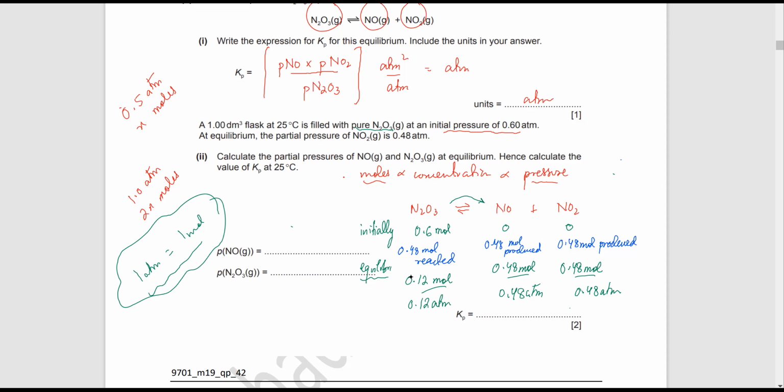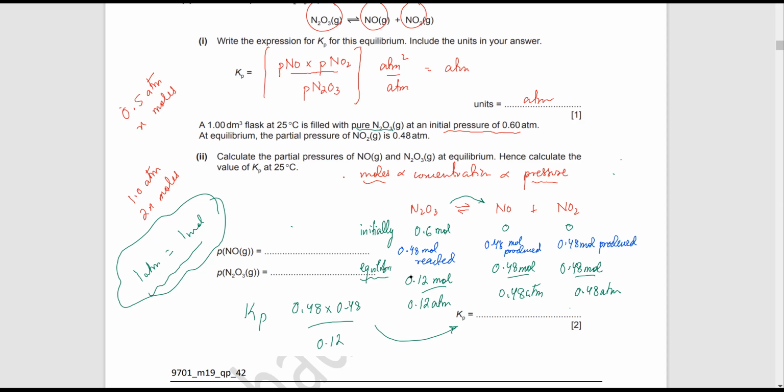And you can find the value of Kp. Kp would be the partial pressure of NO, which is 0.48, times the partial pressure of NO2, which is 0.48 as well, divided by the partial pressure of N2O3, which is 0.12. And you're going to find the value of Kp.